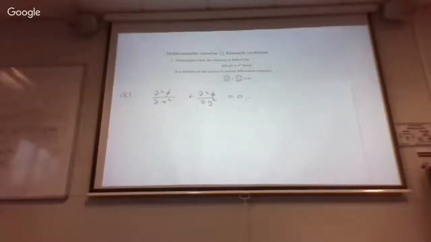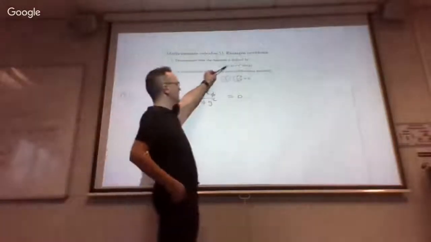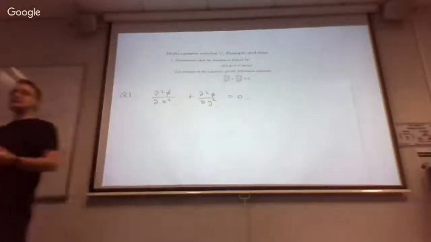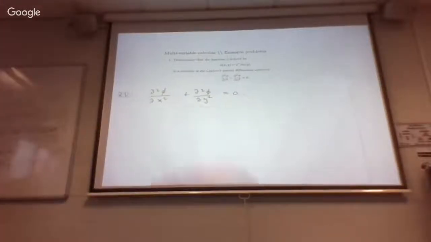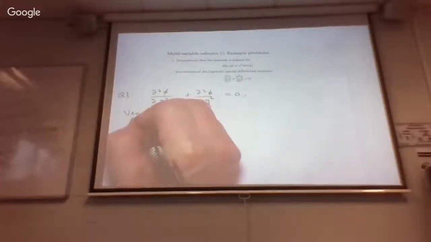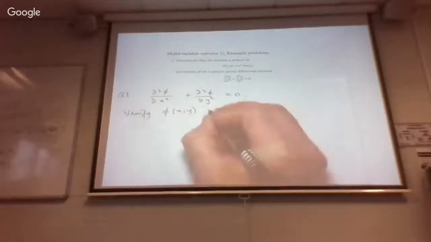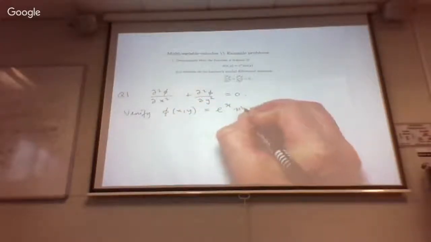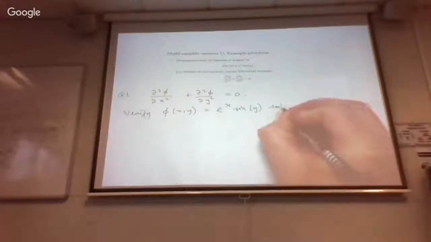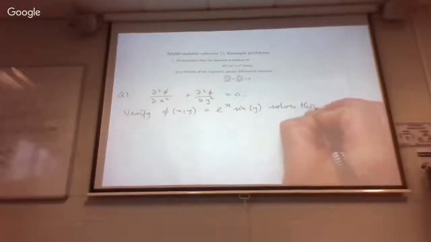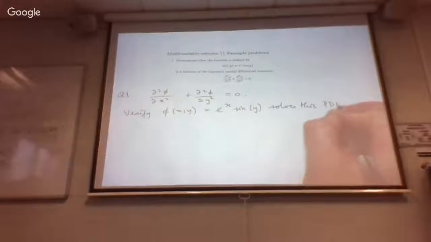I'm asking you to simply verify that this function up here, this function phi of 2 variables, is indeed a solution of this equation. So we're going to verify that this function phi, which is e to the x sine of y, solves this PDE, partial differential equation.